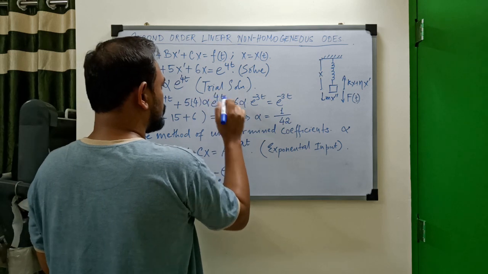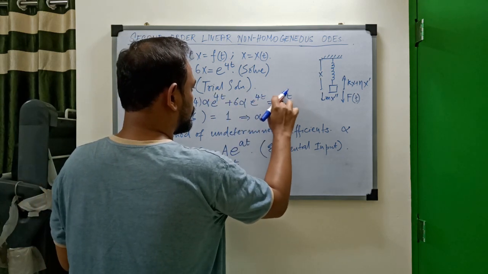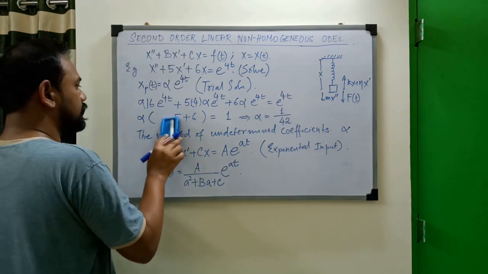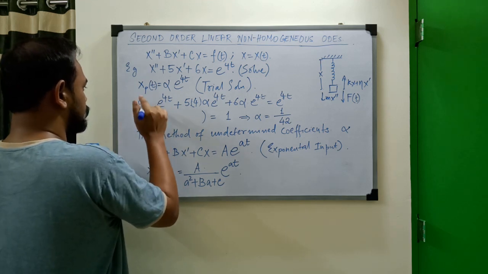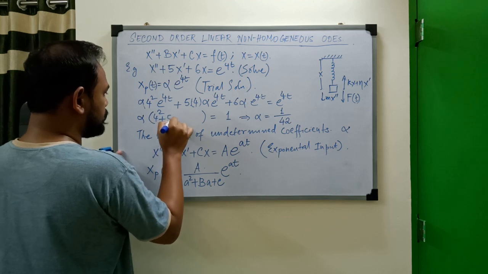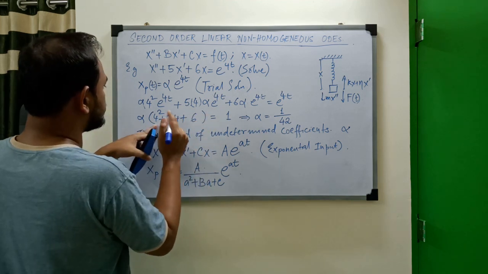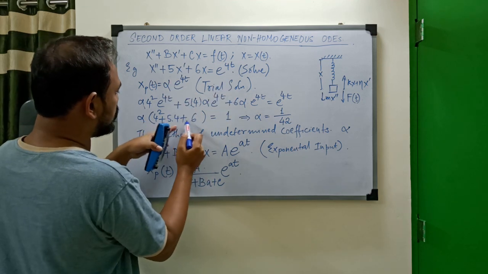There was a 4. 4 and a 4. This was what we had initially. And of course, this was 4 square. Actually, let's write it as 4 square plus 5 into 4 plus 6. So that is a small a square plus b into small a plus 6.